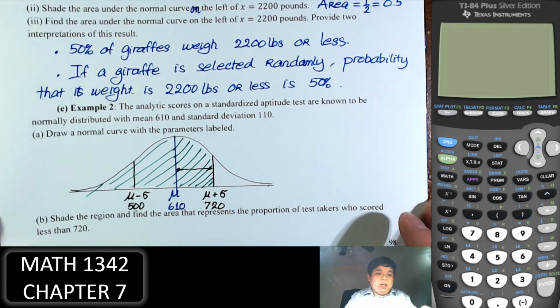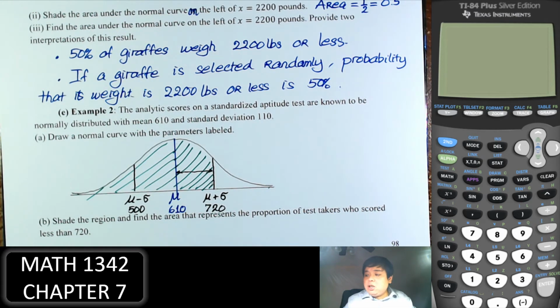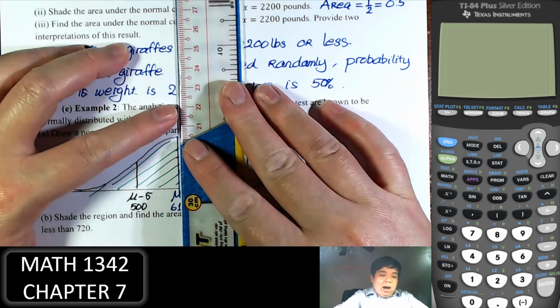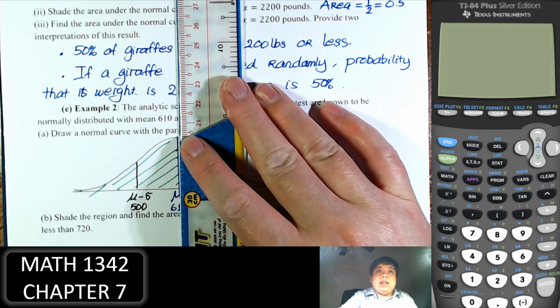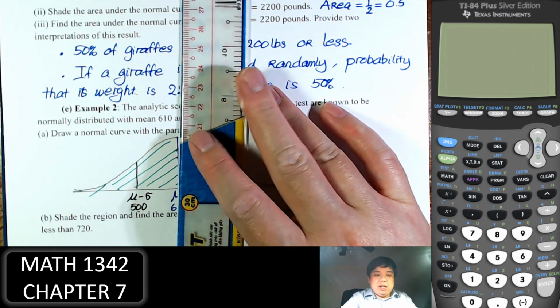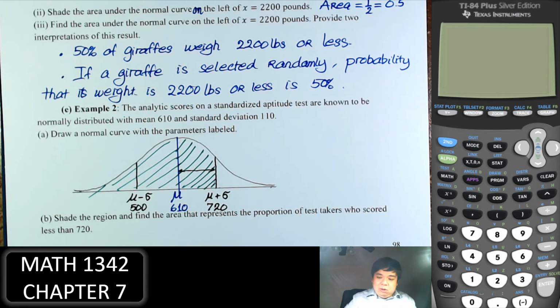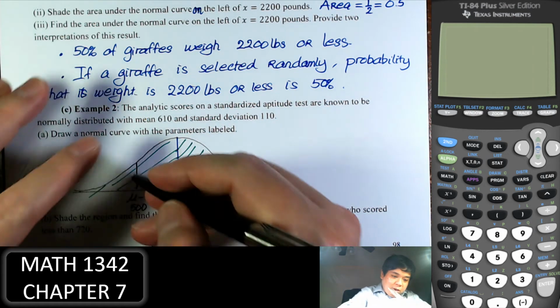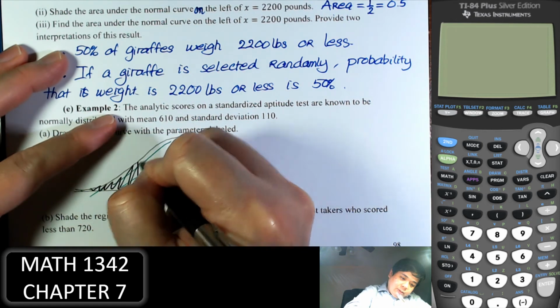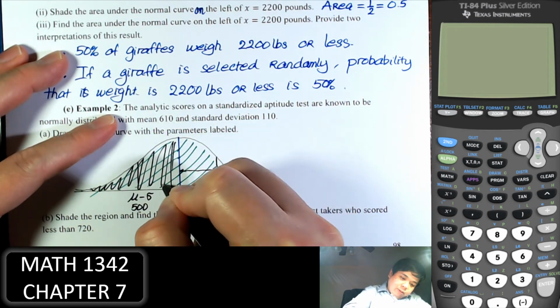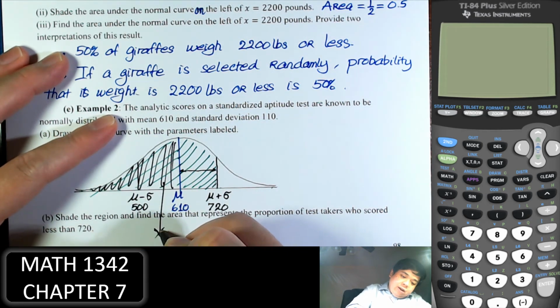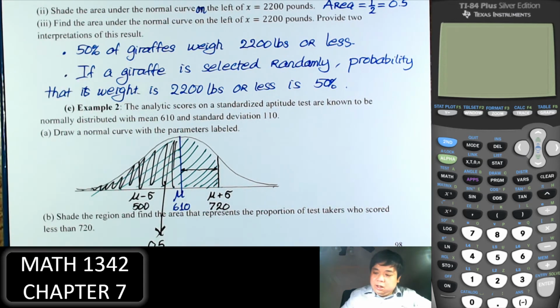And then shade the region. Now we find the area. First of all, on the left side of 610, that is the mean, so that will be 50%, right? So if we talk about this part, that area is 50%, so 0.5.